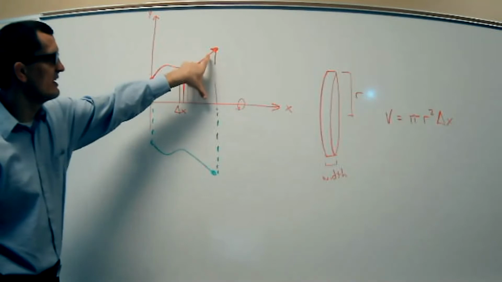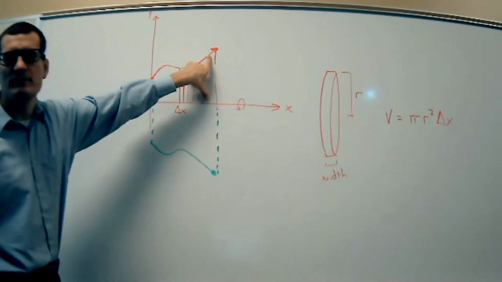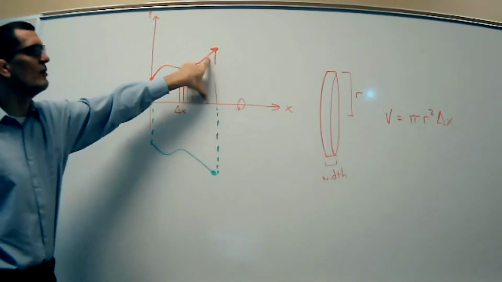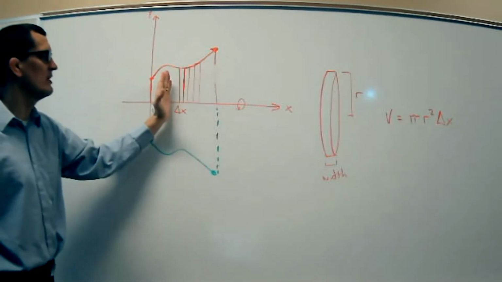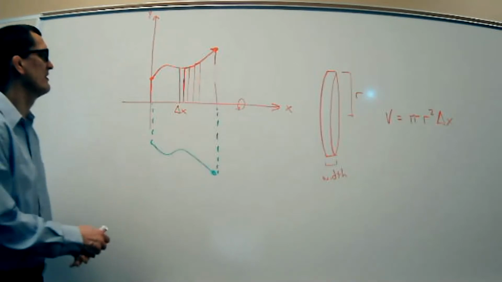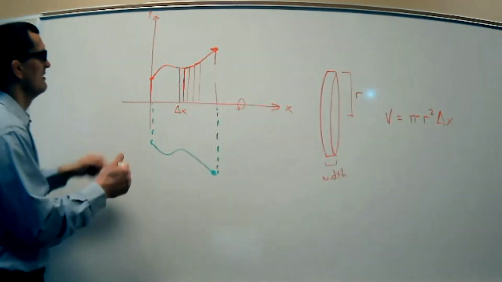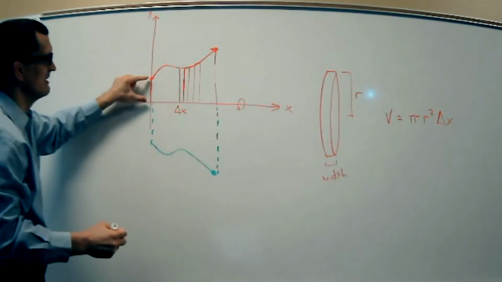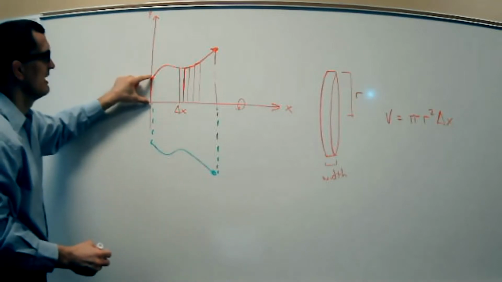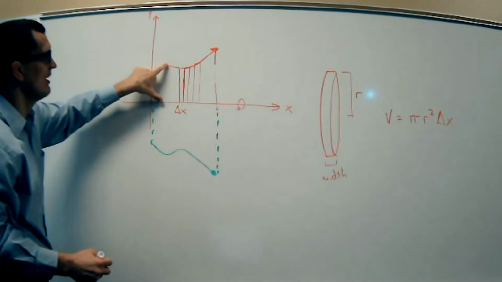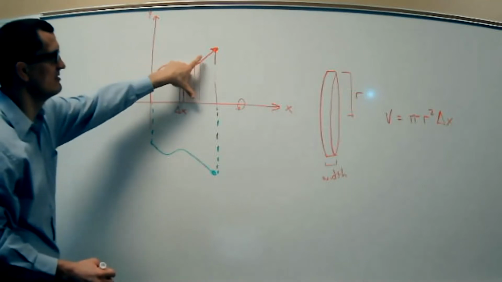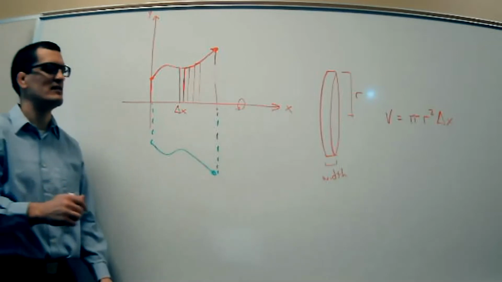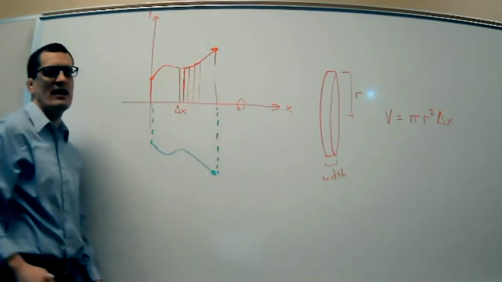But as I move over here, a disk over here may have a radius of 4. So the radius depends on what value of x you're at. At this value of x, let's say x equals 0, the radius is that much. It increases for a while and then it decreases, and you can see again the radius of these disks is going to increase and decrease based on where we're at on the curve.